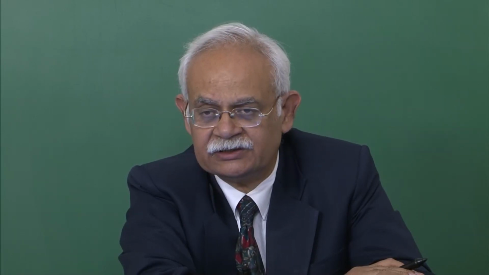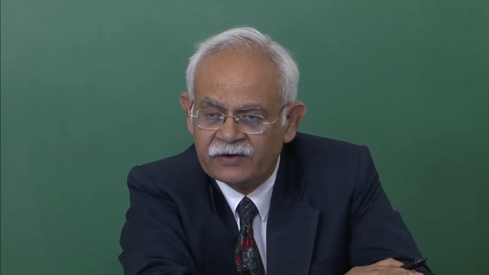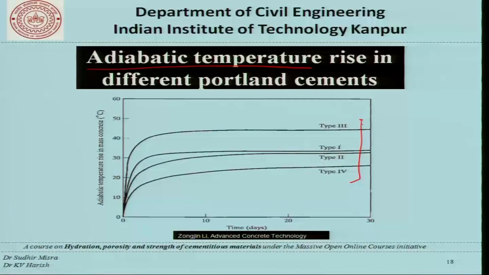This kind of a discussion or study helps us actually to classify the cement. For example, here we see that cement type 1, type 2, type 3 and type 4, they have very different adiabatic temperature rises.